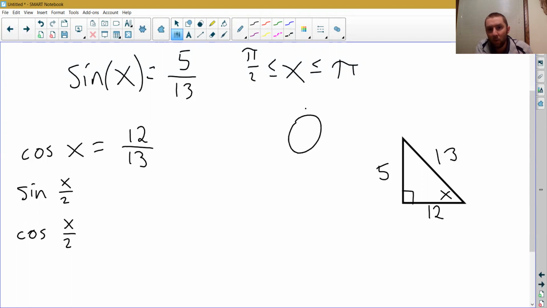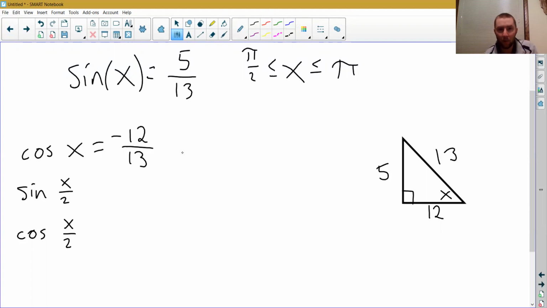So in the second quadrant of our unit circle are my cosine values, which remember are x coordinates. Are cosine values here positive or negative? Well, we've gone this way in the unit circle, to the left, so the cosine value needs to be negative. So this is negative 12/13, which is going to be important when we go into our half angle formulas for the other two.